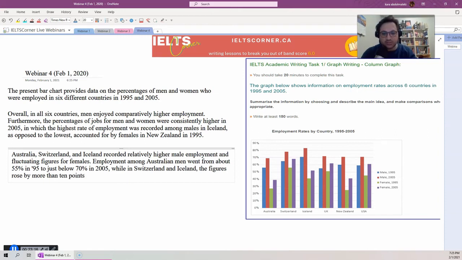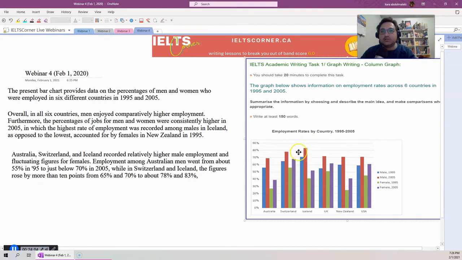If you don't want to say percent or percentages, you can just say points. From 65% and 70% to about 78 and 83%. And this 83%, if you remember, is the all-time high, so I will just make it a positive here. An all-time high, and that's a compound adjective, that's why it has a hyphen.